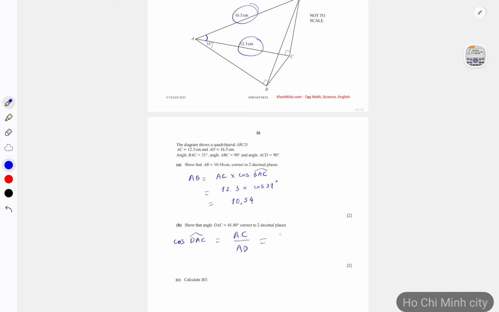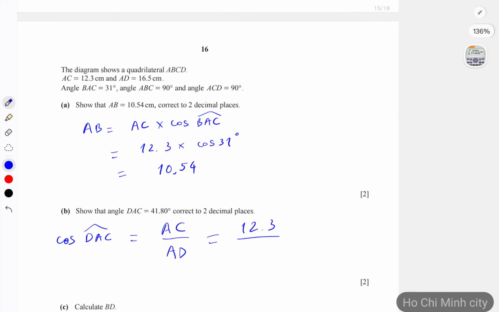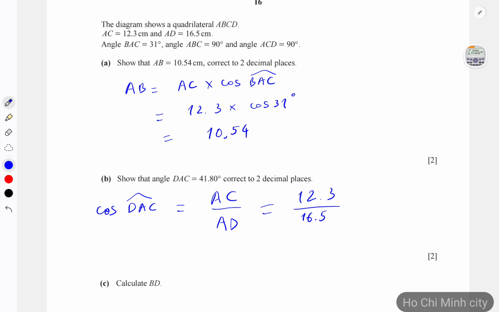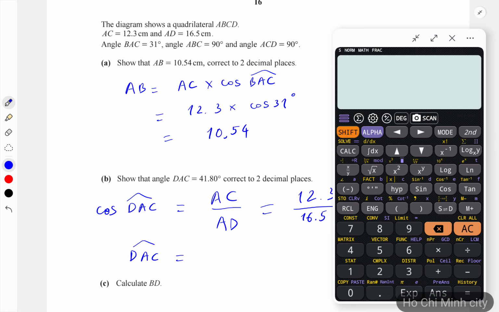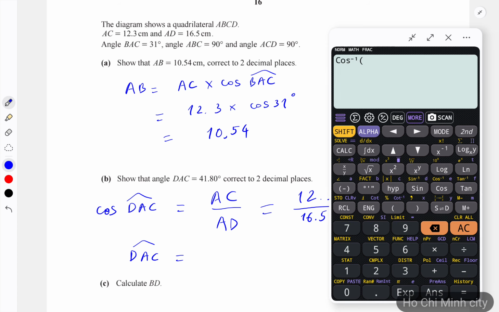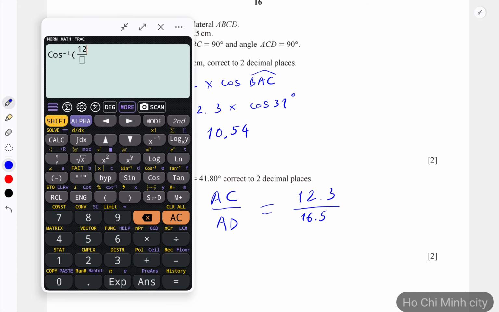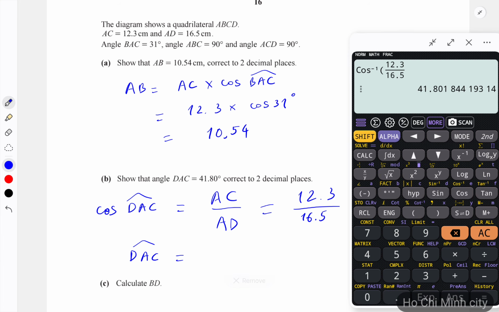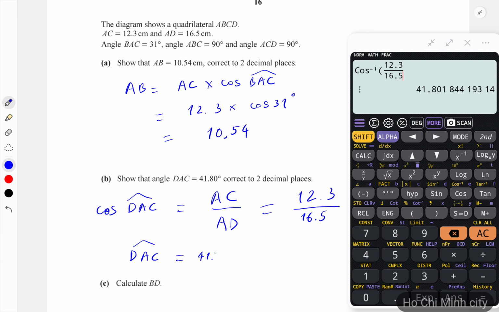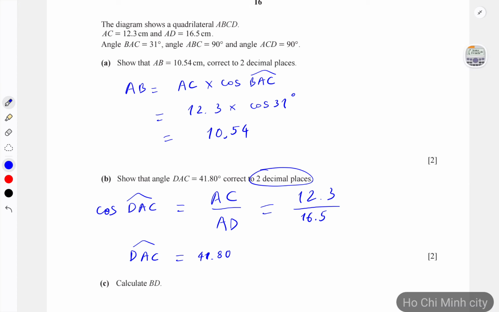And this one is 12.3 divided by 16.5. All right, so the angle DAC is 41.80, because we need just two decimal places.